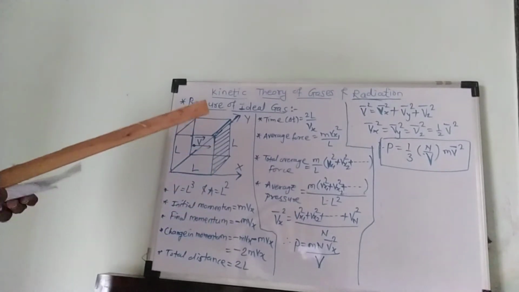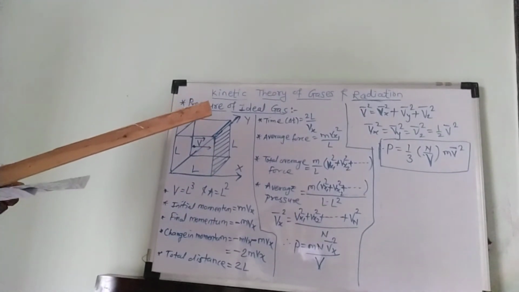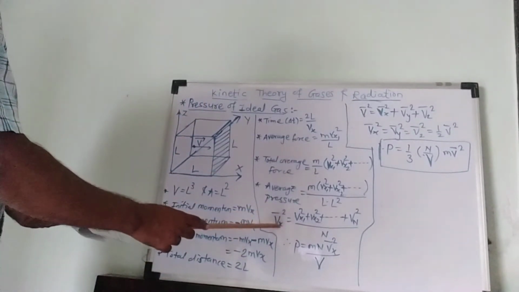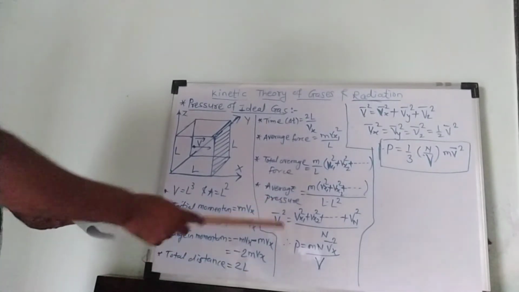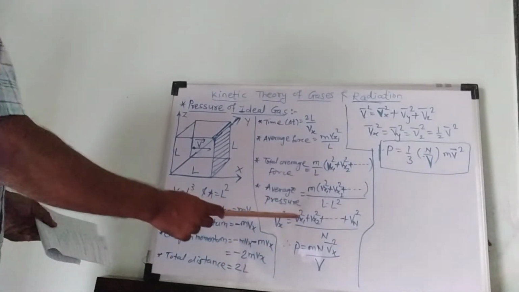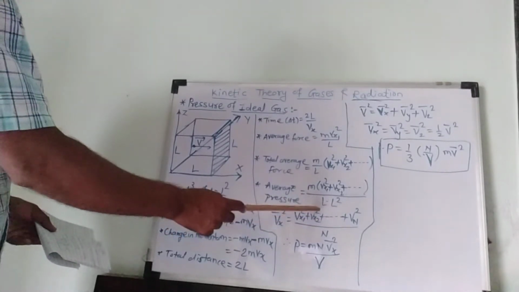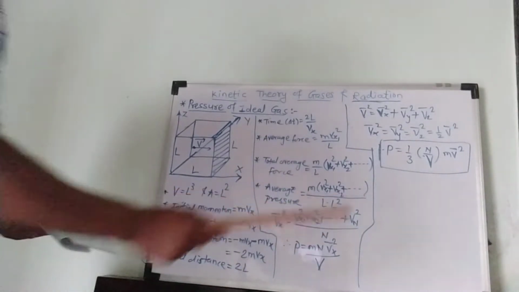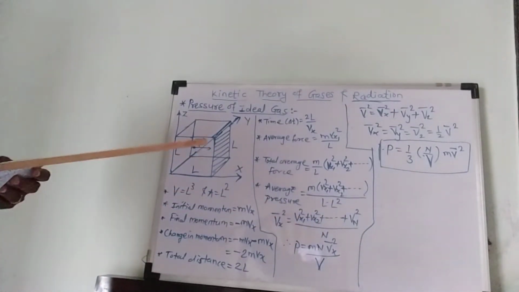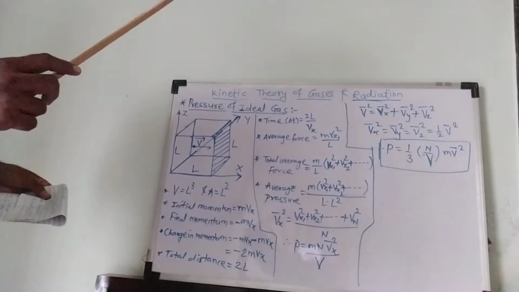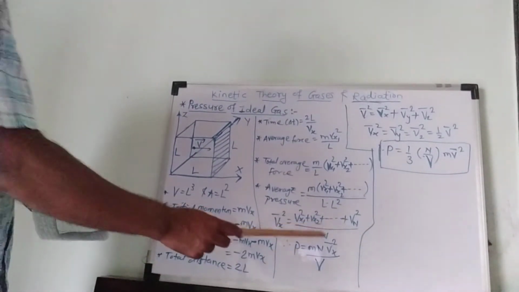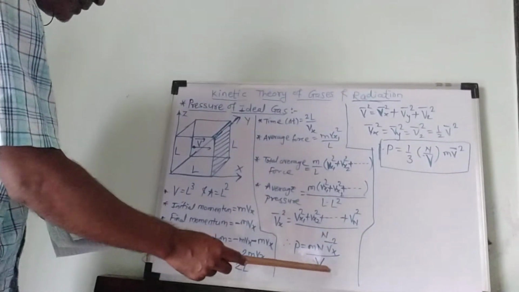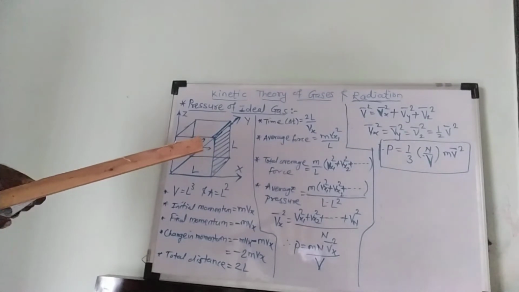Then the average of the square of the x component of the velocities is given by Vx bar squared, equal to Vx1 squared plus Vx2 squared plus so on up to Vn squared, upon N. Therefore, the pressure P is equal to mN Vx bar squared upon capital V, meaning volume.